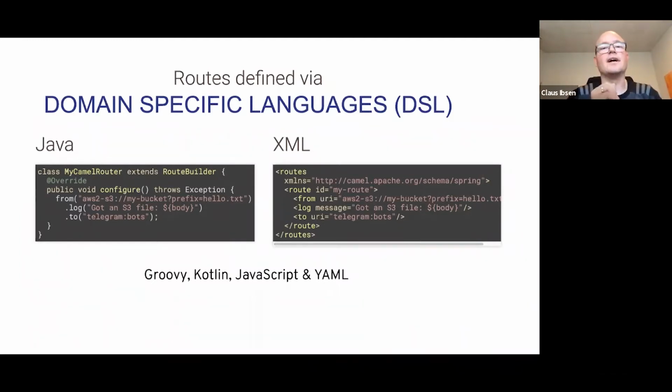What you see on the slide here is the same integration, one in Java and another one in XML. Basically we're picking up some files from an Amazon S3 bucket, and then we send them straight to a Telegram bot. So from the source endpoint to the sink endpoint and so on. Pretty straightforward to do.